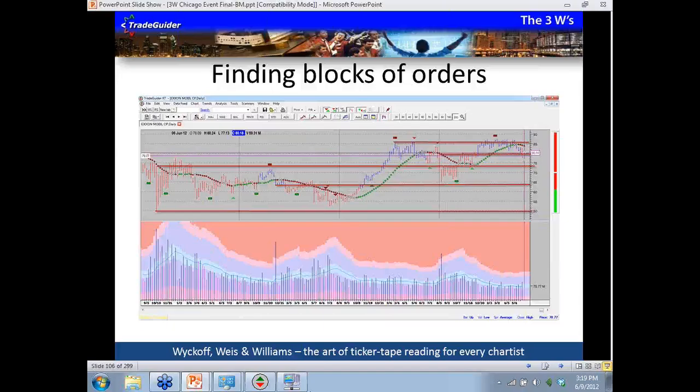So, for instance, let's say I have a solid number at 1329.75 on the S&Ps, and I see intraday a lot of resistance at, say, 1328.